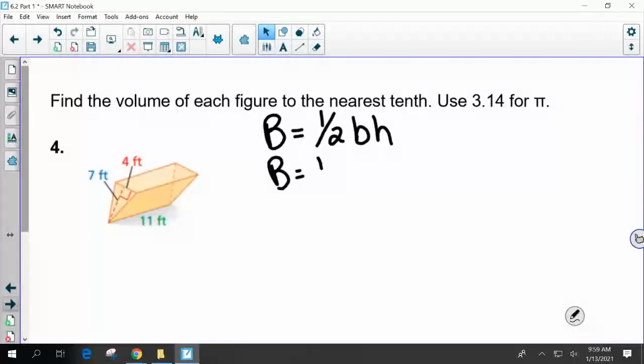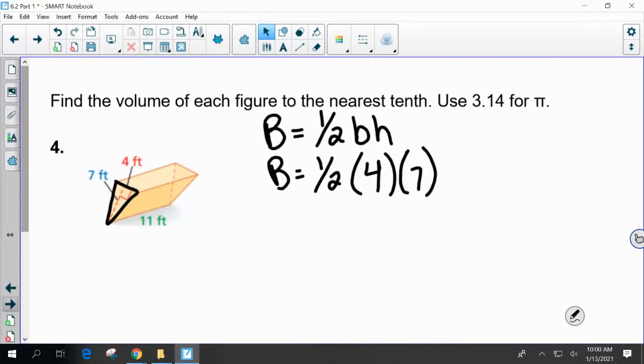So 1/2 times base. So what number do you think I would use for base? 7. That would be my height. So I'm looking at this right here. 7, that's my height. 4. So 4 times 7. But either way, we would get the same answer. So 1/2 times 28 would be what? 14.